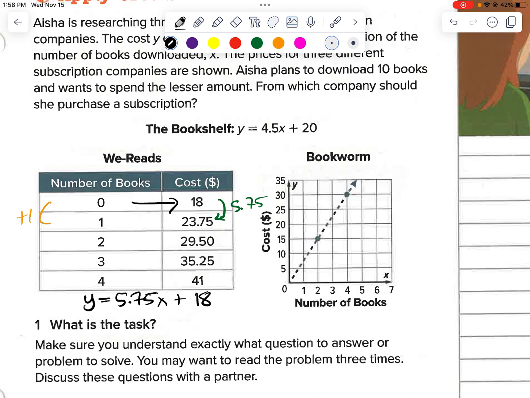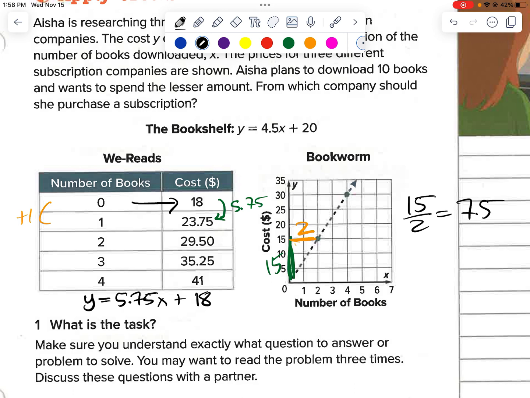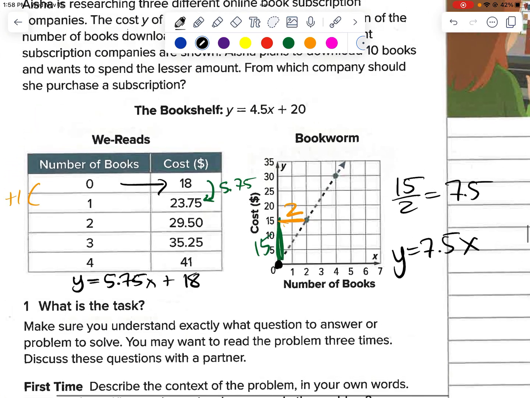Then this one over here goes up 15 and goes over 2, so we would have 15 over 2. That's going to be 7.5, because we want a decimal since we're talking about money. And so this is 7.5x because it goes through 0, 0. So we now have 3 equations.